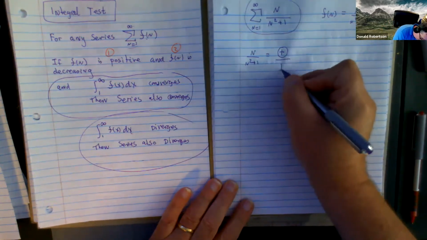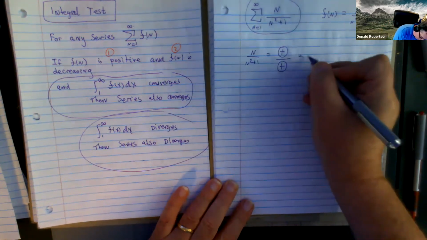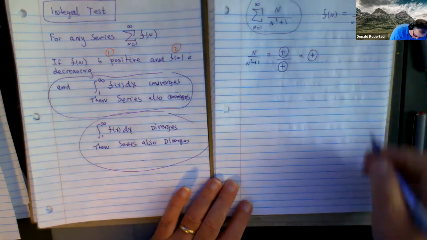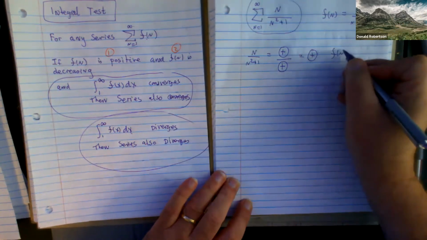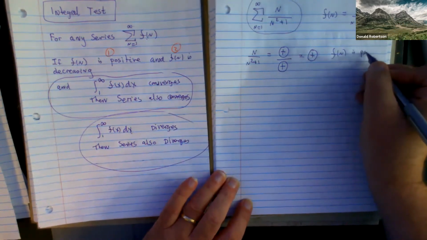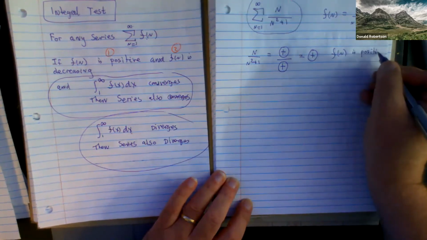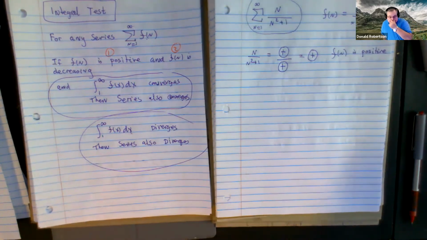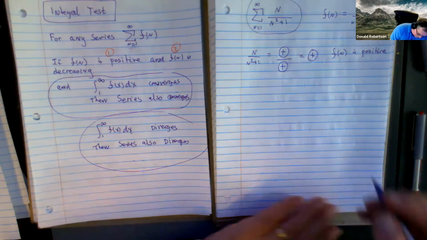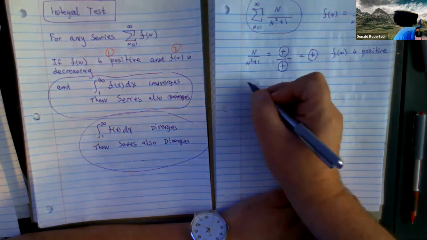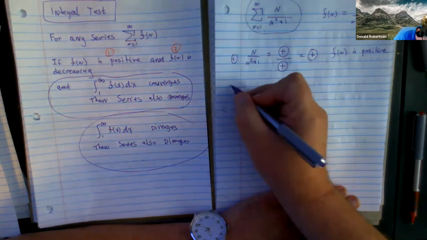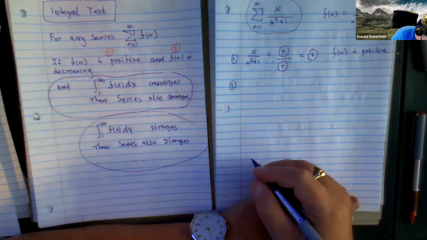Would you agree that n squared plus 1 is positive? Which means the whole thing is positive. That's me proved that this is positive. Not much of a proof, but it's a proof. Now, that's one done.